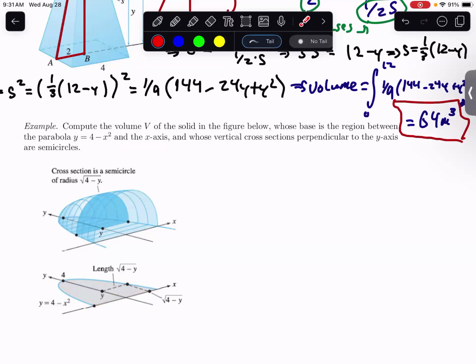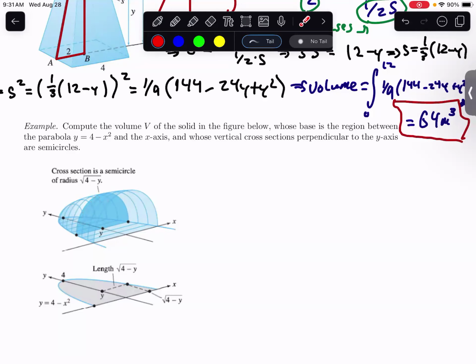And then the actual cross sections we're interested in are these vertical cross sections that are perpendicular to the y-axis, and these are semicircles. So this is the cross section right here, and you can see the cross section is in terms of y. The main point is we want to determine what the area of this cross section is in terms of y.